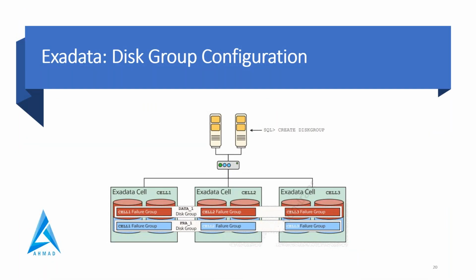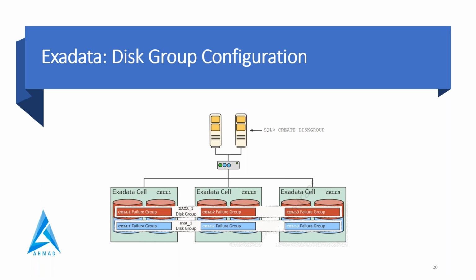Now, disk group configuration. In this disk group configuration, you can see that with the create diskgroup command you will create it across the Exadata cells. You have cell L1, cell L2, cell L3, and you have cell L1 failure group, cell L2 failure group, cell L3 failure group, you have DATA1, you have FRA1.